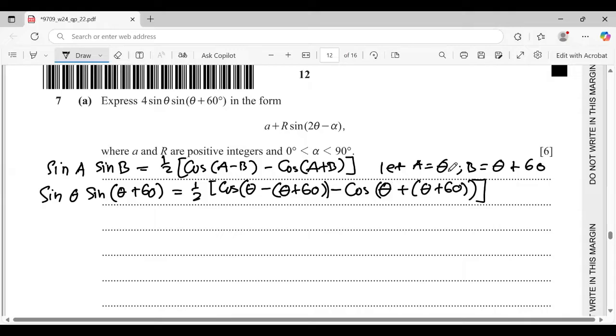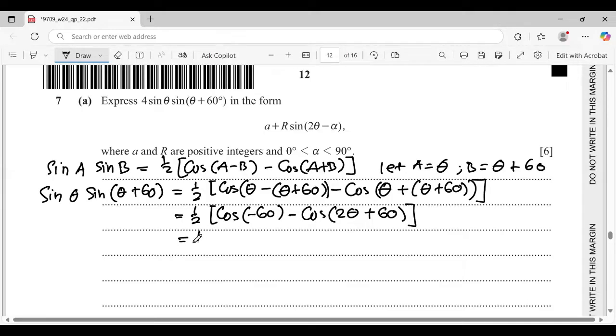Okay, based on the substitution, it's going to be 1/2 cosine theta minus theta, which equals 0, so it is minus 60, and cosine 2 theta plus 60. We're going to continue.